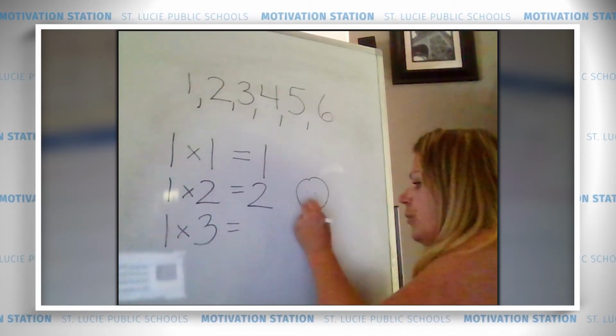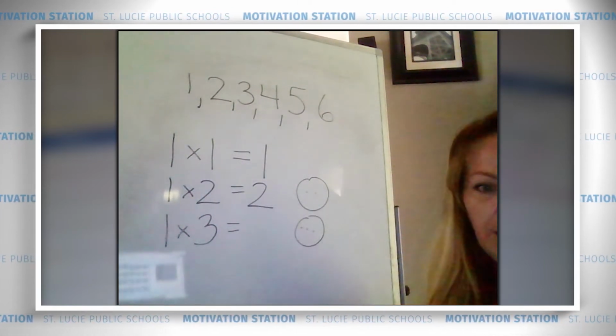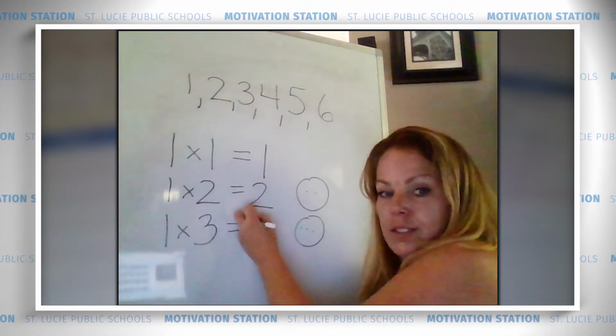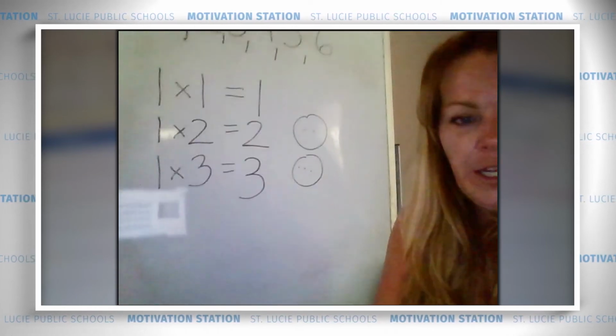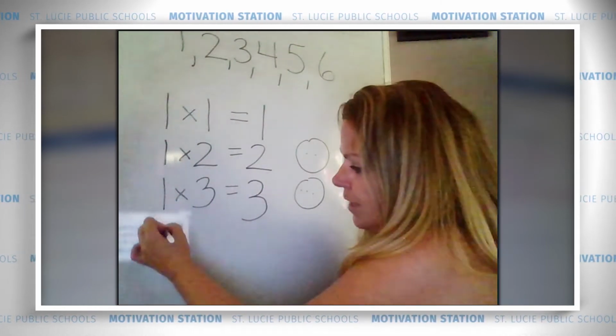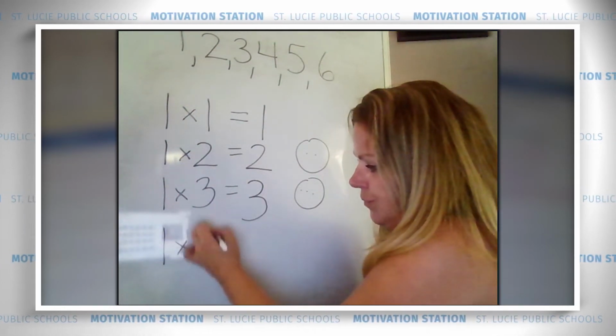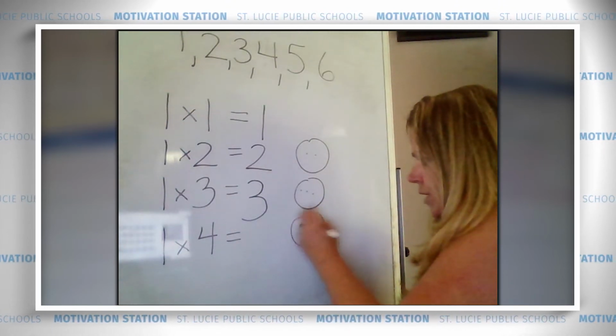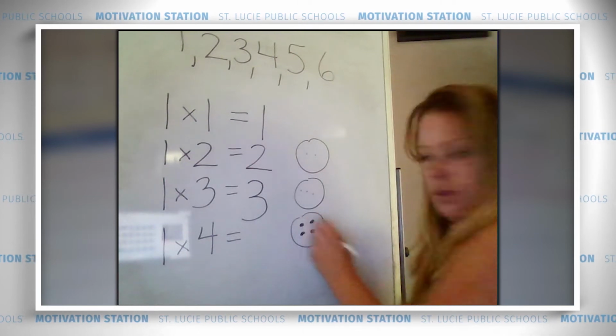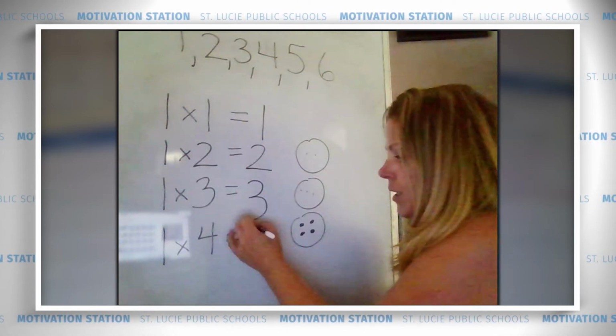One group of 3 would give me a product of 3. Not too tough, right? Let's say I rolled a factor of 1 and then rolled a factor of 4. So I'd have one group of 4, and my product would be 4.